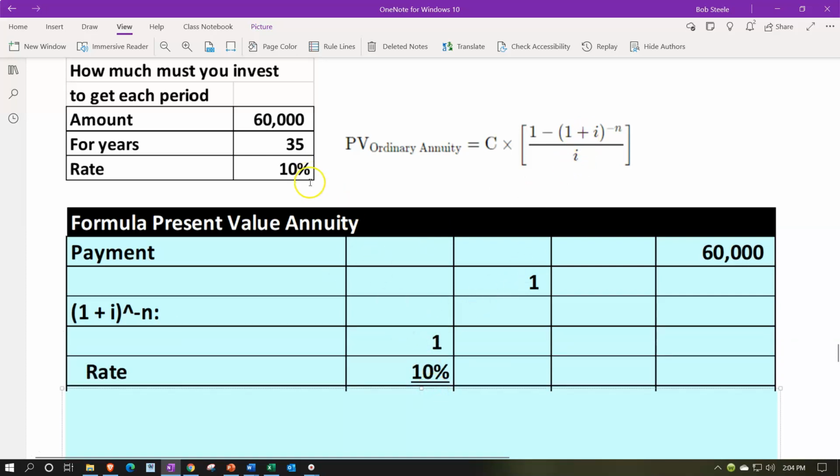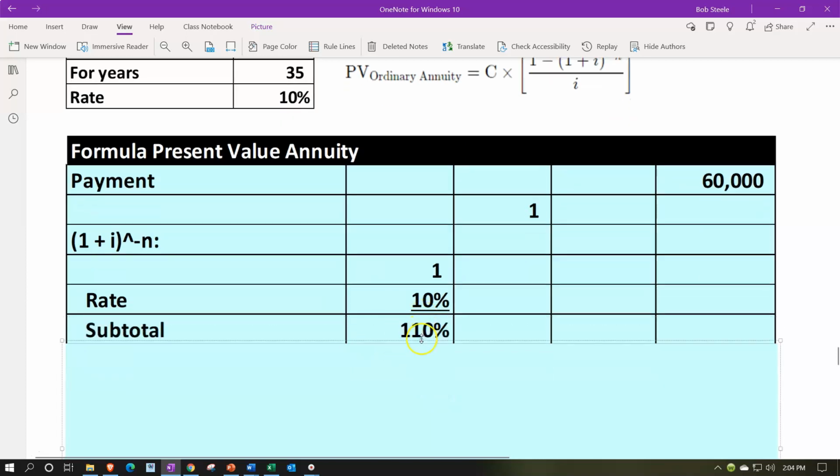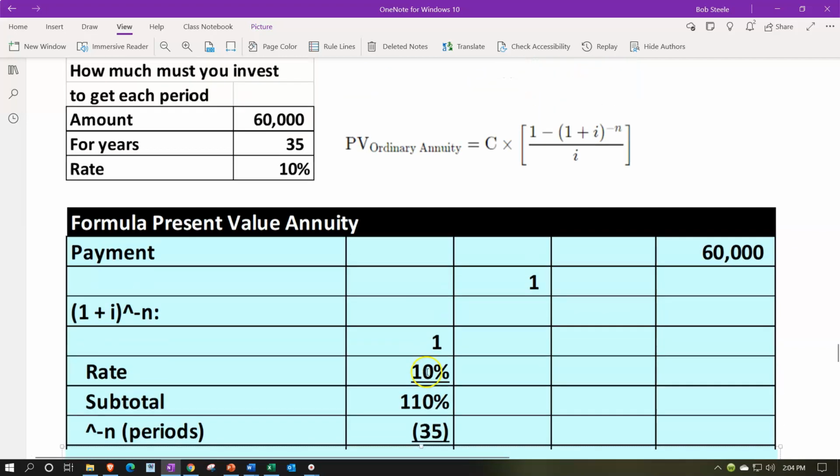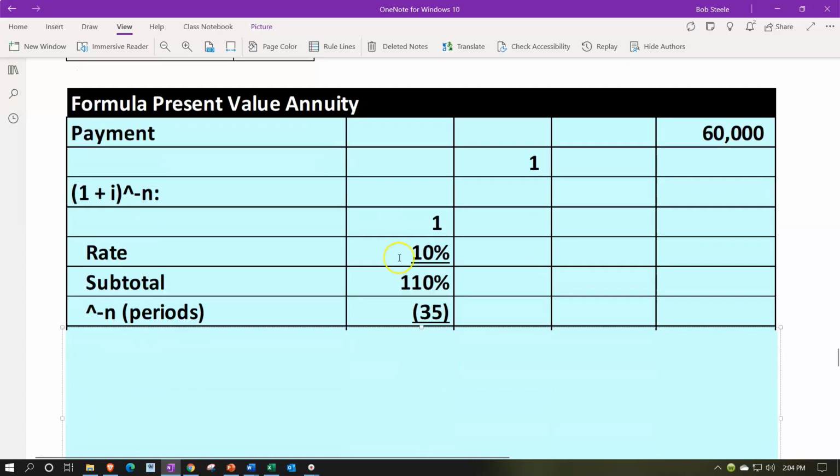There's the rate, 10%. Be careful of the decimals and percentages: 100% plus 10%, or 1 plus 0.1, is 110%, or 1.10. Then we take that to the power of negative n, which is the number of periods, or 35.